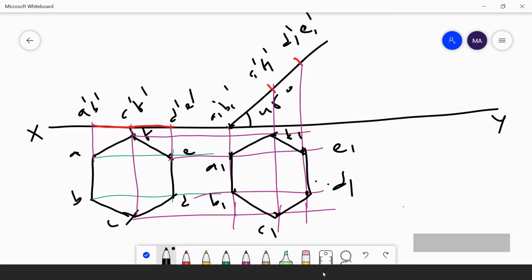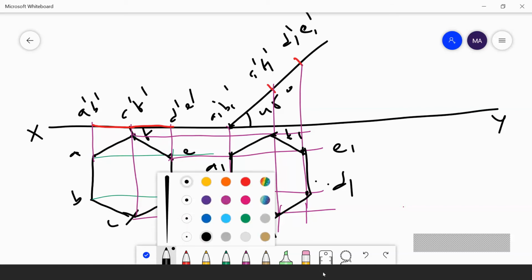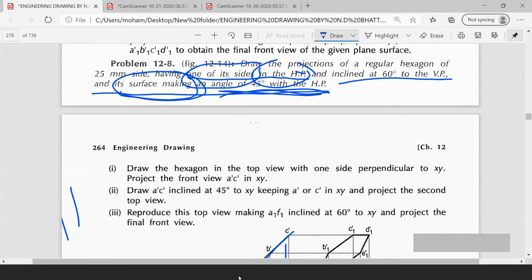Same procedure. Yes, sir. Next, here he has given that the side has one of its sides in the HP and is inclined at 60 degrees to VP. The resting side is inclined at 60 degrees to VP.